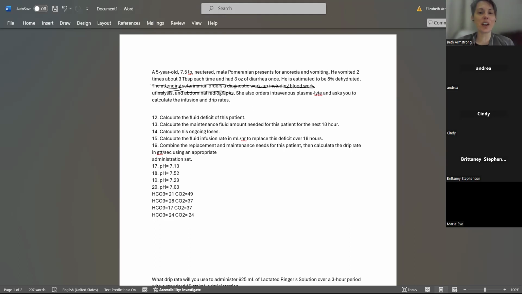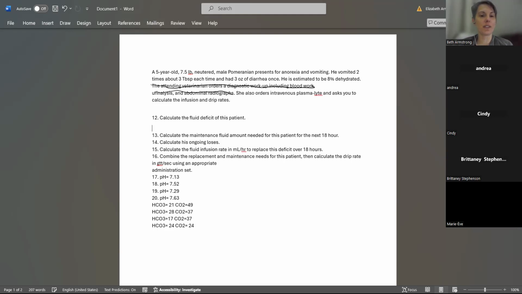But they also order IV plasma-lyte and ask you to calculate the infusion rate. The last sentence is just what they're going to be asking us to figure out. So calculate the fluid deficit for this patient.